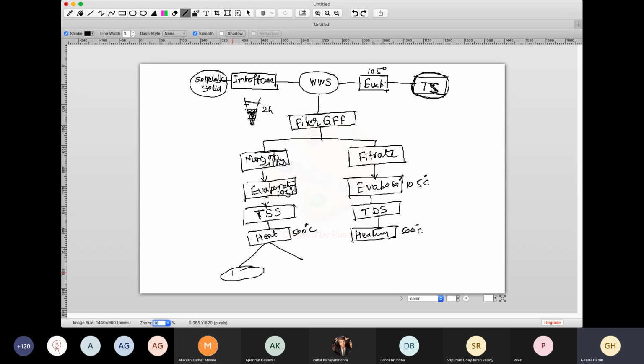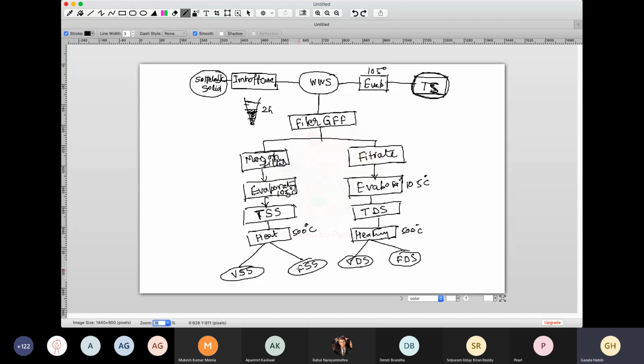So I will get volatile suspended solid and fixed suspended solid. Here I will get volatile dissolved solid and fixed dissolved solid.